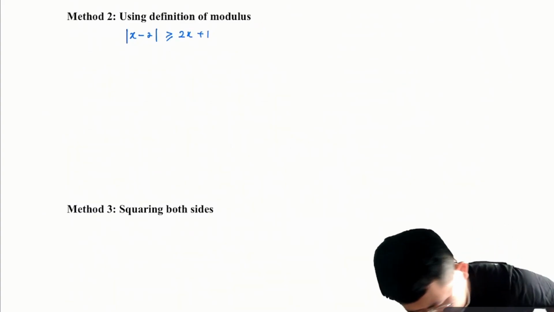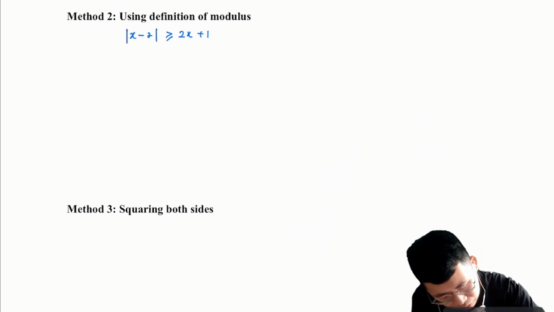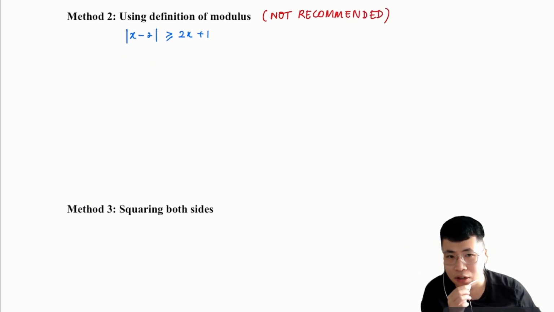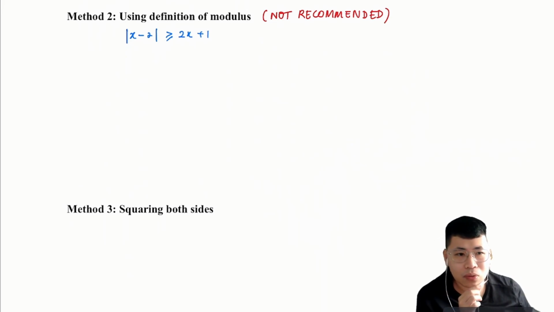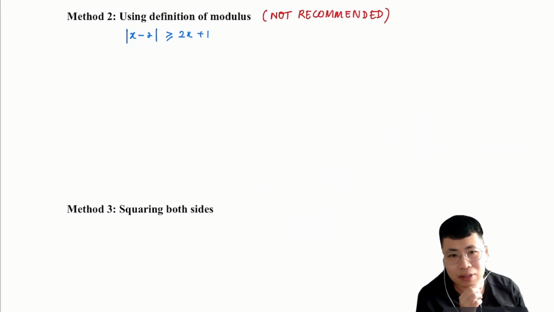Okay, so for the second method, if you want to use the definition of modulus, now this one usually is not recommended. When it comes to just numbers, it will be easiest to use the definition of modulus. But when it comes to algebraic expressions, or different forms of lines, then we really don't recommend using the definition of modulus.